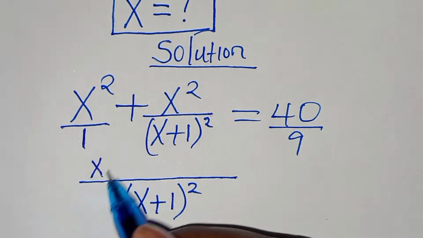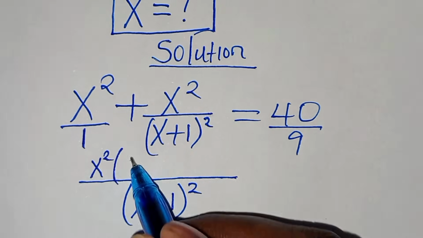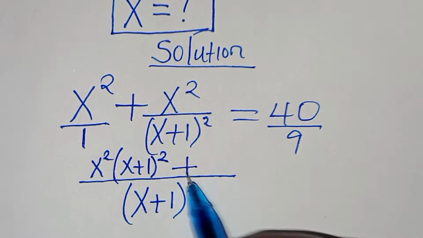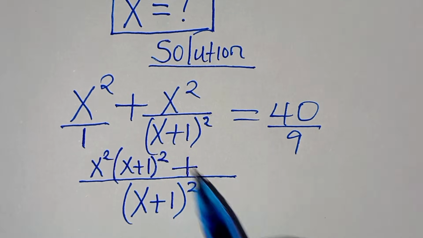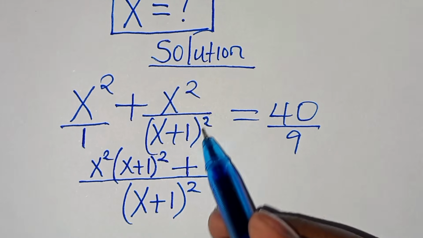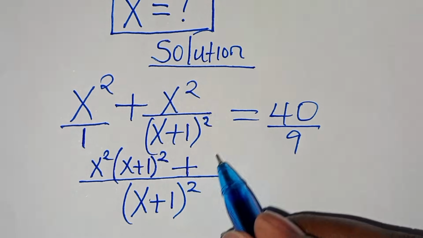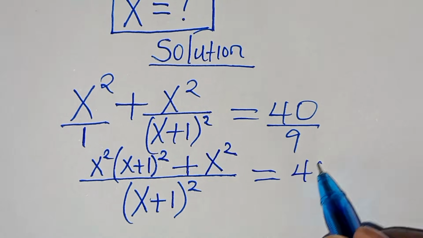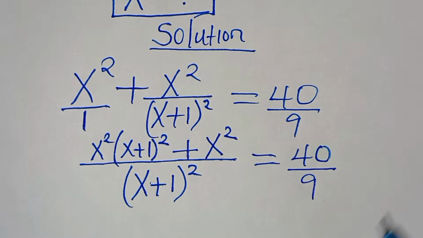This is the same thing as x squared times (x plus 1) raised to the power of 2, then plus x squared, with (x plus 1) to the power of 2 divided by (x plus 1) to the power of 2. This becomes 1. Then 1 times x squared is the same thing as x squared. This is equal to 40 over 9.